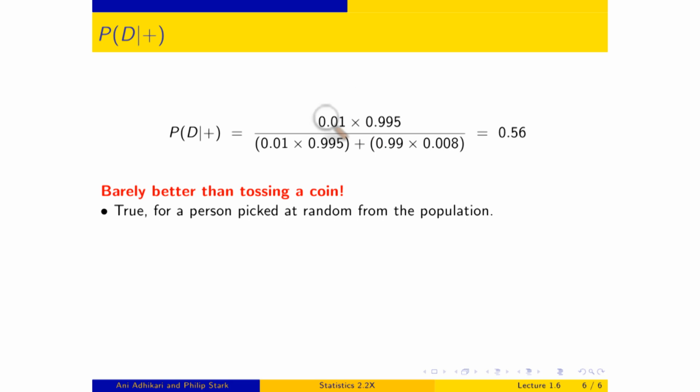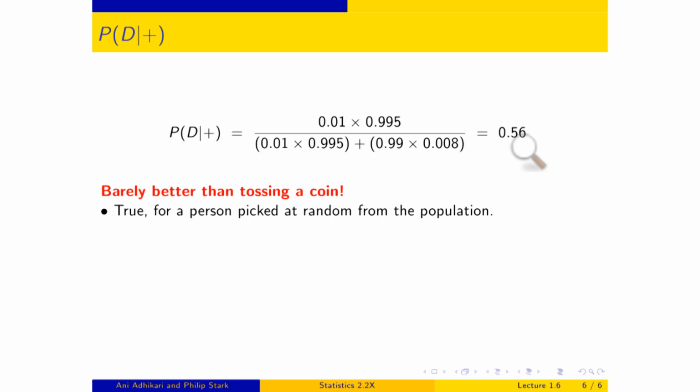And that is why this proportion is close to a half. So then you sit back and wonder, well, then is the test useless? Because you go in, you get the test, it's plus, and now you have to toss a coin to figure out whether you have the disease or not? Not quite. What was the assumption?